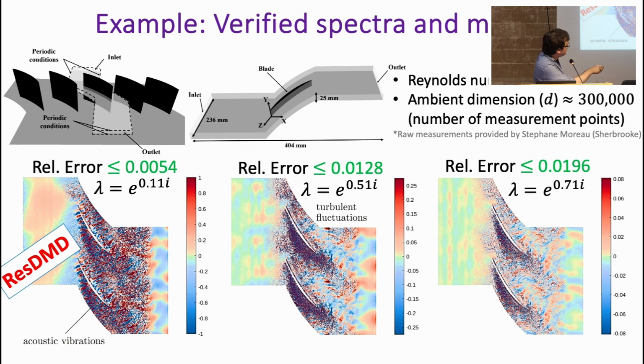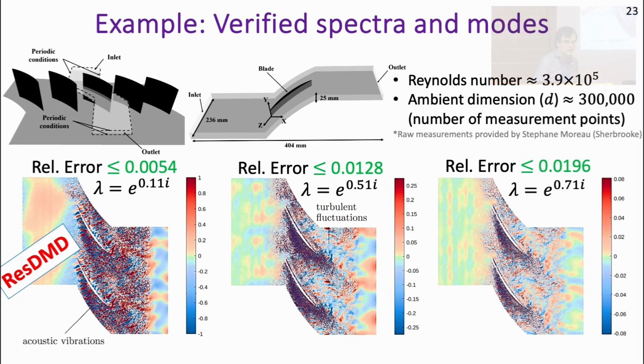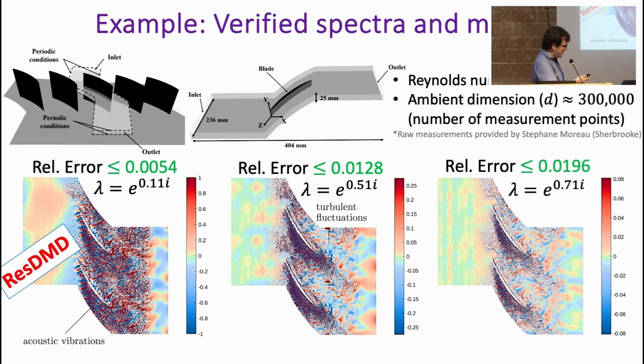And here are the relative errors that you compute using the residuals. So you can get verified Koopman modes, verified spectra of these systems. Please don't ask me what the physical interpretations of these are. I wouldn't know. That's down to my collaborators. Right, verified spectra and modes.